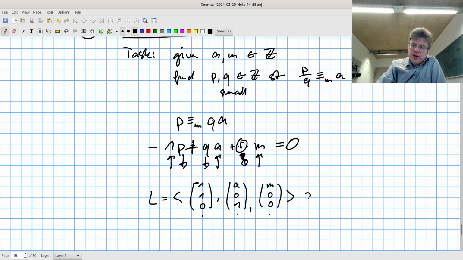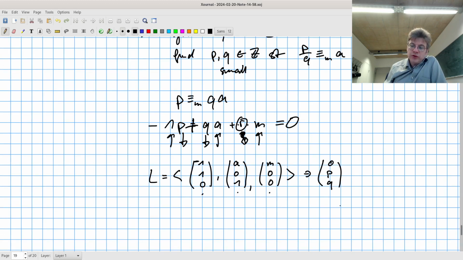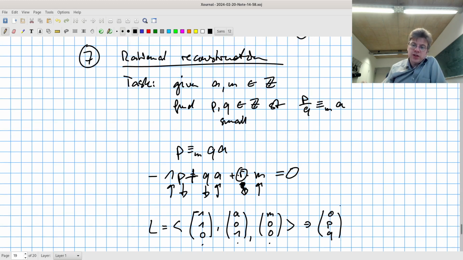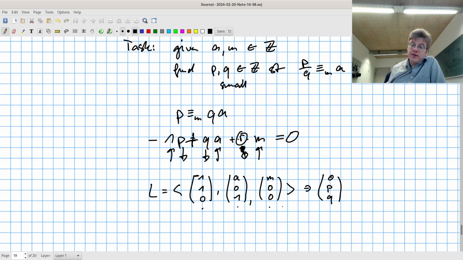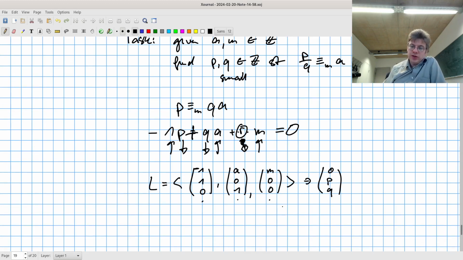And this lattice will contain the P, Q, and 0 here for every reasonable choice of P and Q. So actually for every choice of integers P and Q that satisfy this equation, this vector will be in this lattice. And LLL will find among all of them one that is short.